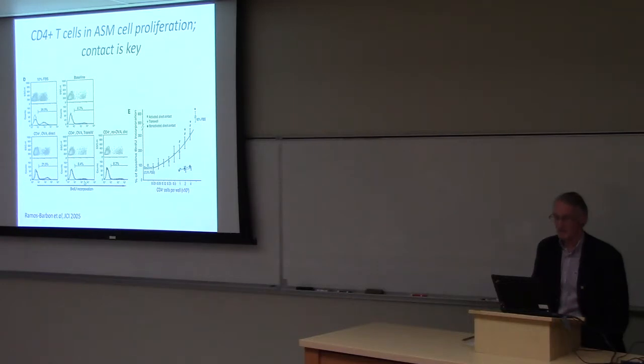So what we have here then are CD4 positive T cells that are oversensitized and are put in direct contact with muscle cells. And we find that there's a cloud of cells showing staining for bromodeoxyuridine. In other words, they have incorporated the BrdU, and so they are proliferating.